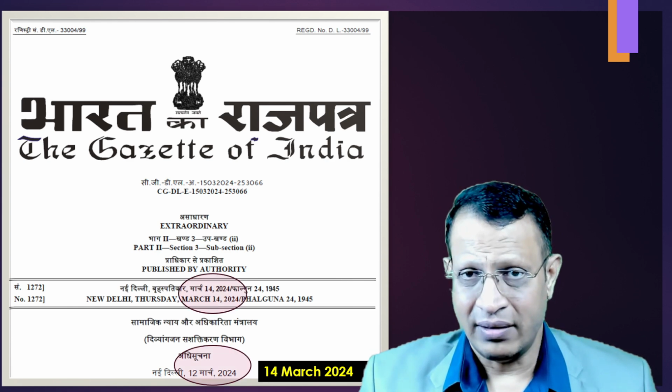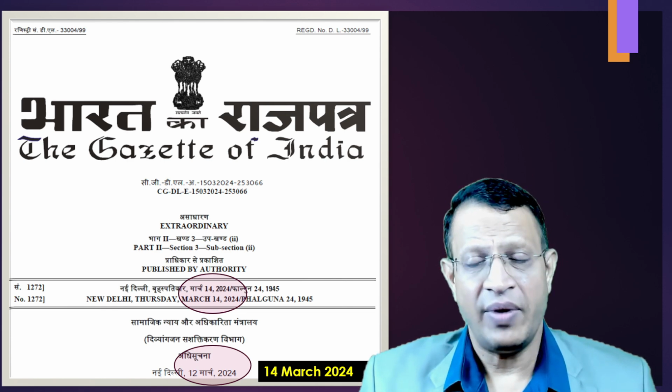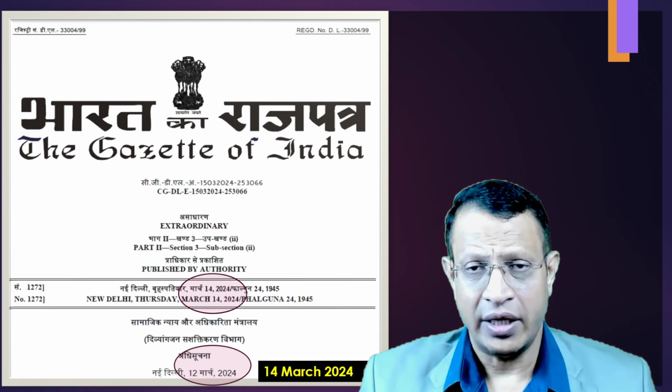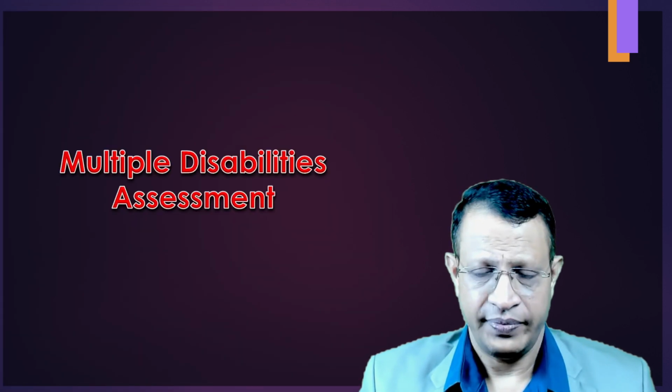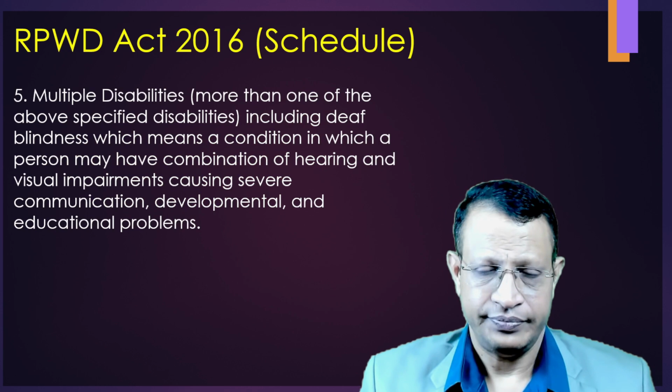Unfortunately, there is an error in the Gazette notification. At the top it mentions 14th March and at the bottom it mentions 12th March. There are certain errors that have crept into this Gazette notification. But however, let's discuss how to do multiple disabilities assessment.